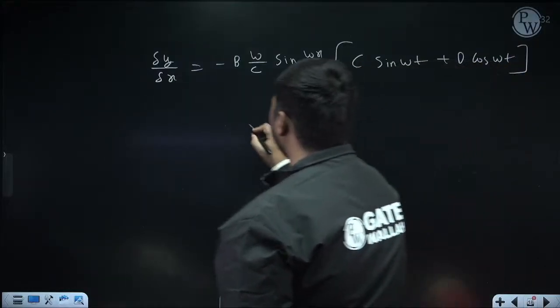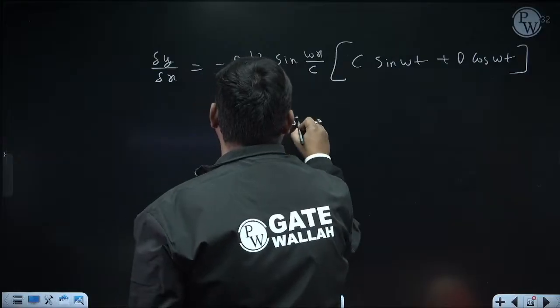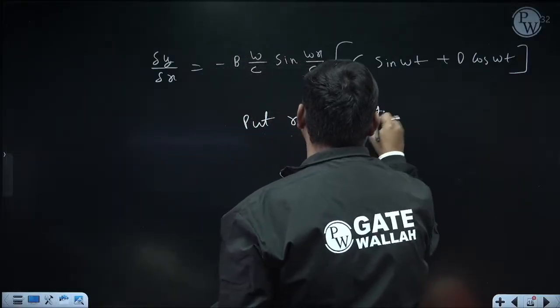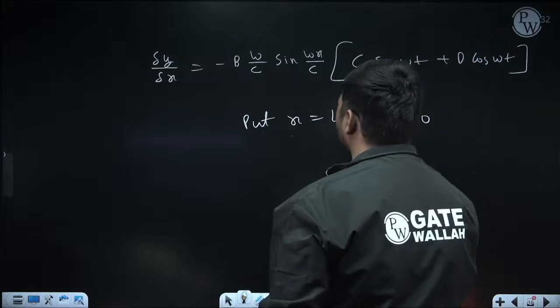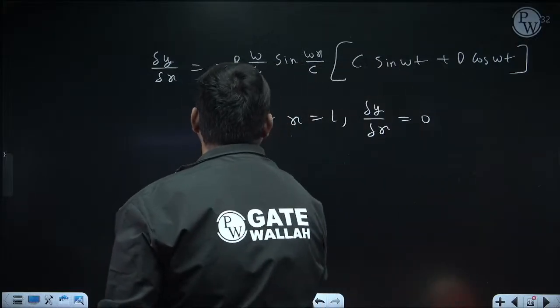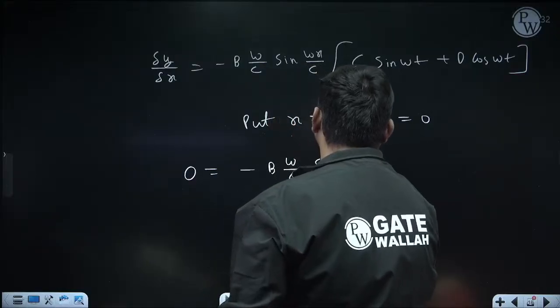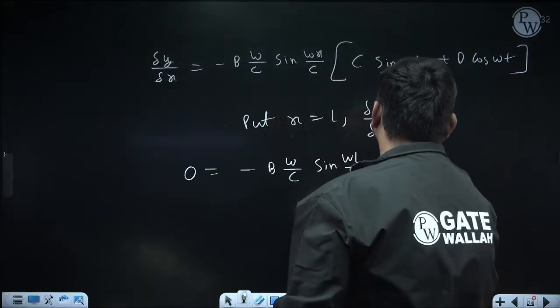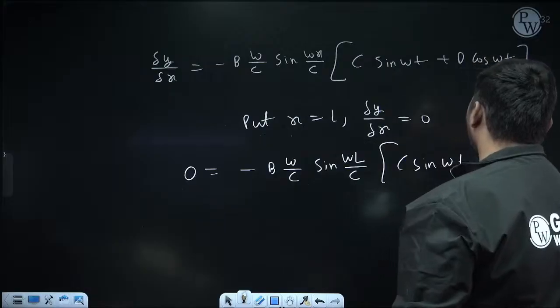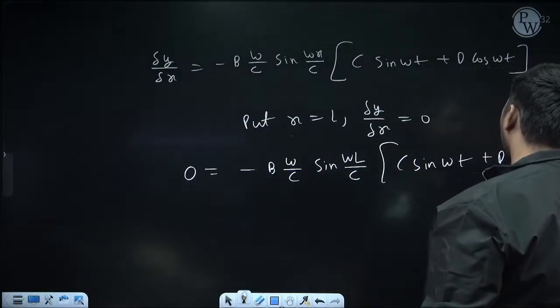Now I am putting x equal to L and del y by del x equal to 0. So 0 equals minus b omega by c sine(omega L by c) into (c sine omega t plus d cos omega t).